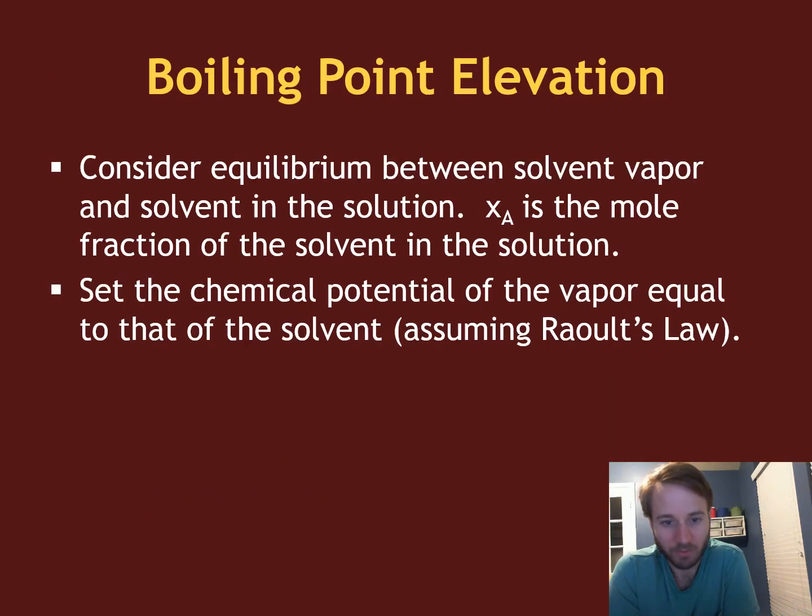So let's consider that I've added some amount of solute to my solvent, and my solvent has reestablished equilibrium. So it has some vapor pressure now with the solute added to it. The mole fraction of my solvent in the solution phase is given by X_A. At equilibrium, the chemical potential of my liquid phase is equal to the chemical potential of my vapor phase, and we're going to assume that our liquid obeys Raoult's law, as in a dilute solution.